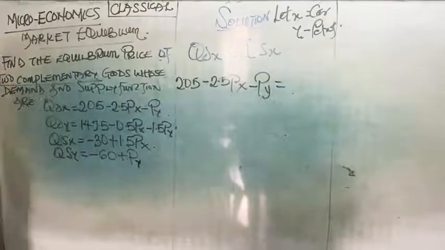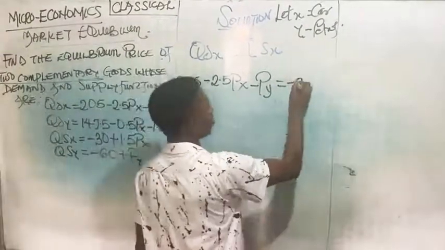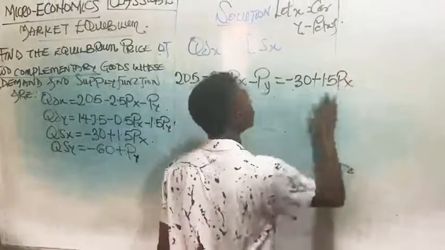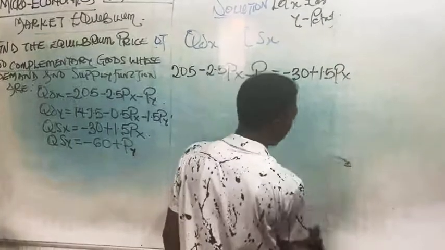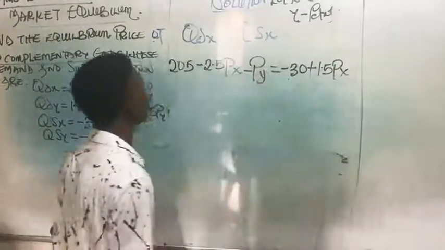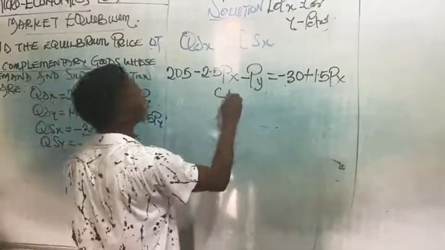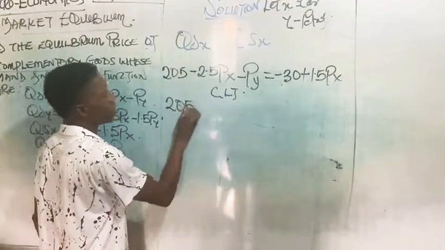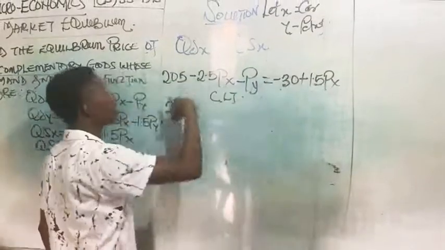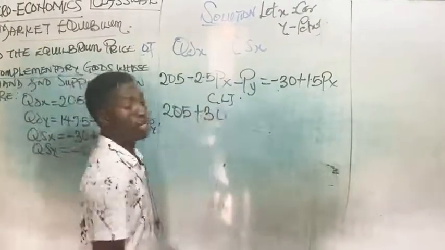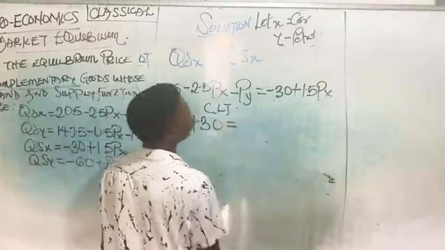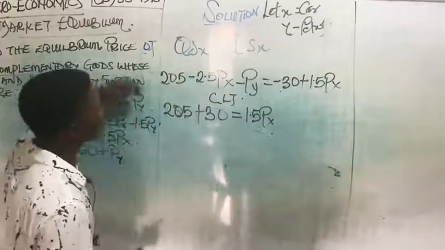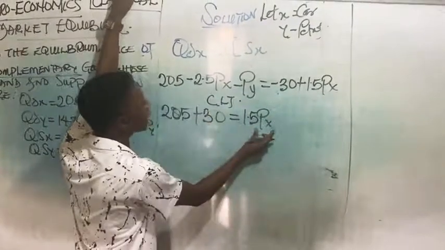QSX. And QSX is minus 30 plus 1.5 PX. So to solve for this, the first thing to do is to collect like terms. So I get to have 205. If this one is crossed to the other side, it's going to be plus 30 equals to 1.5 PX. And this is PX, this is PX.